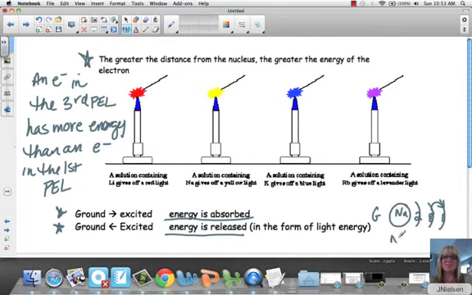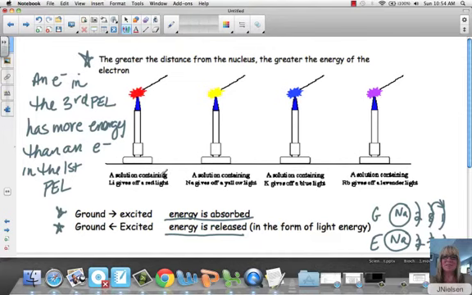If I do it down here, excited, 2-7-3. So now, when it went from here to here, it had to absorb energy to do it. So when you go upstairs, you need energy. That's one way to help you remember it.